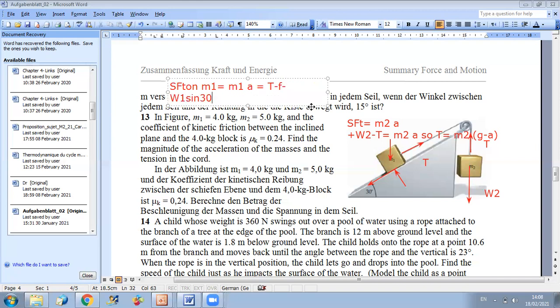Here you have already calculated the acceleration and you know the friction, so you can calculate the value of T. So T is equal to M1A plus the friction, which is mu K times N, where N is W1 cosine 30, plus W1 sin 30.